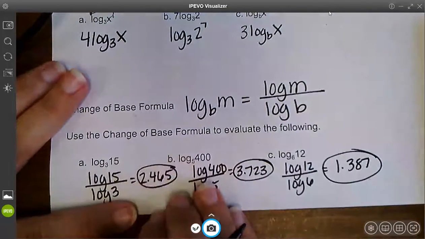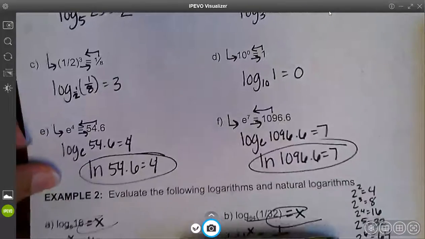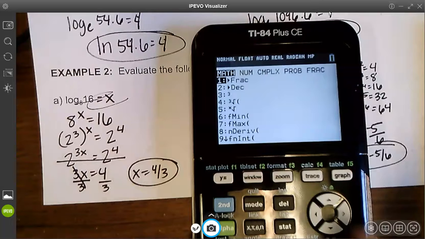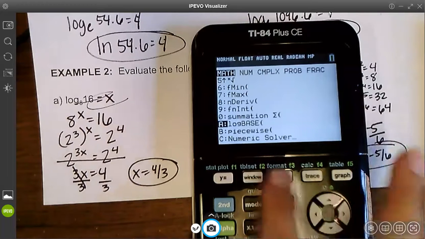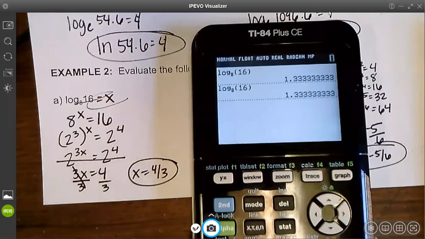One other thing I do want to show you is not having to change the base. You can check the ones that we did up top in your calculator, as long as your variable is on the outside. To find that in your calculator, you're just going to go to math, and then all the way down at the bottom is a log base, and it lets you change the base of the log. So here, log base 8 of 16, 1.333, negative fraction, oops, 4/3.